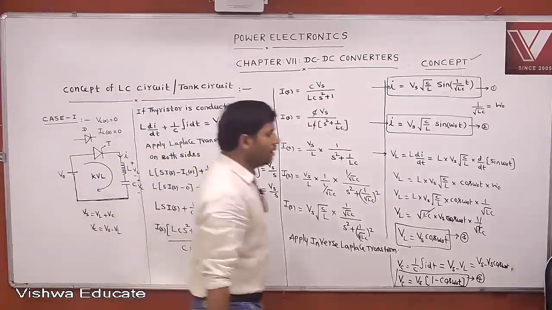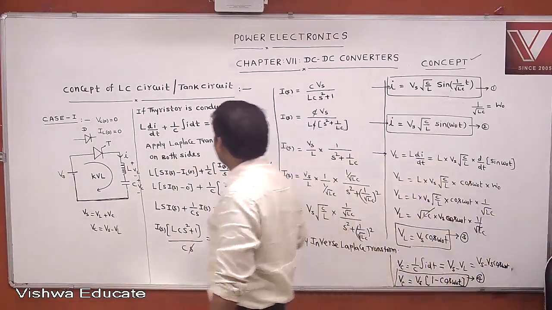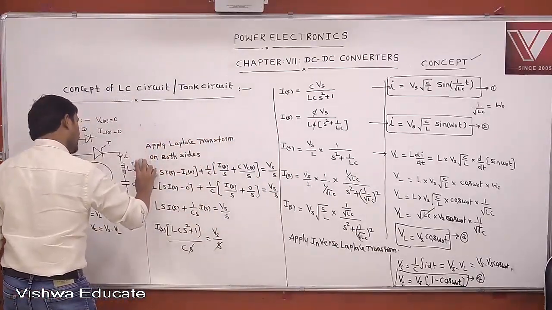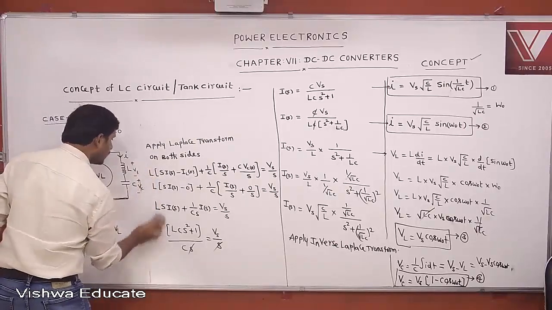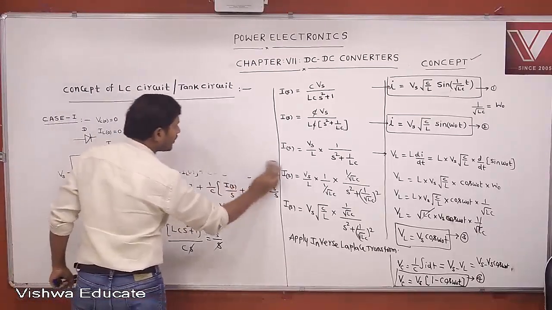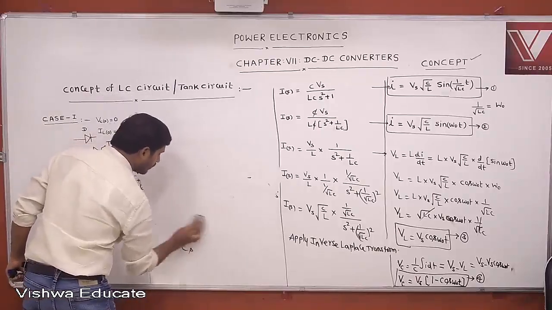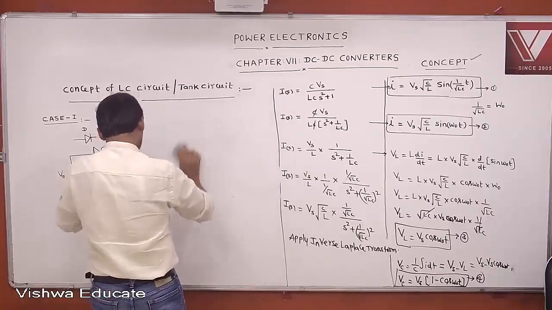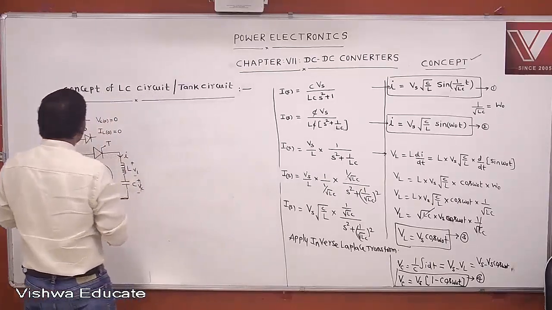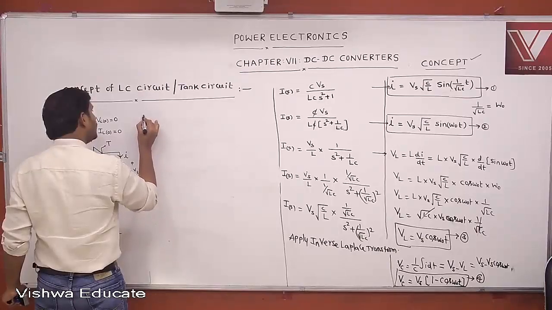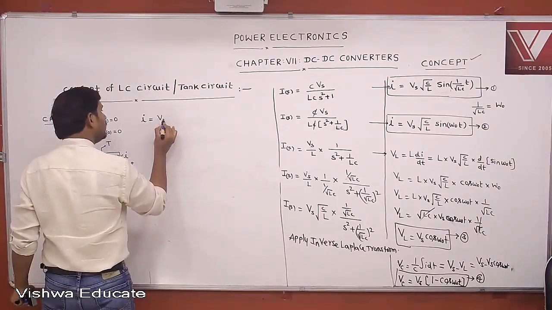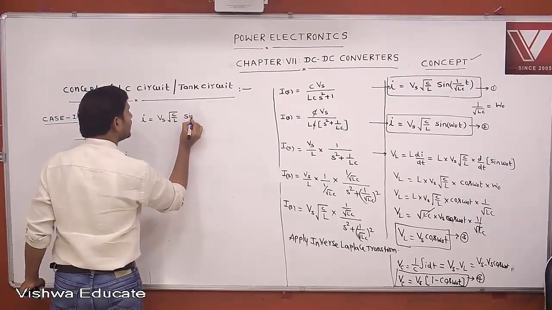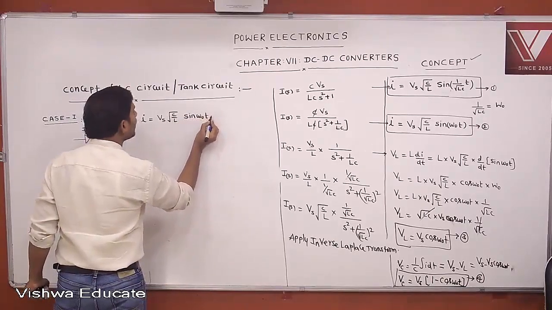Okay, now see, under case 1, by simplifying this, what are the observations I am getting? In case 1, the expression for I equals VS into square root of C by L into sin omega naught t.